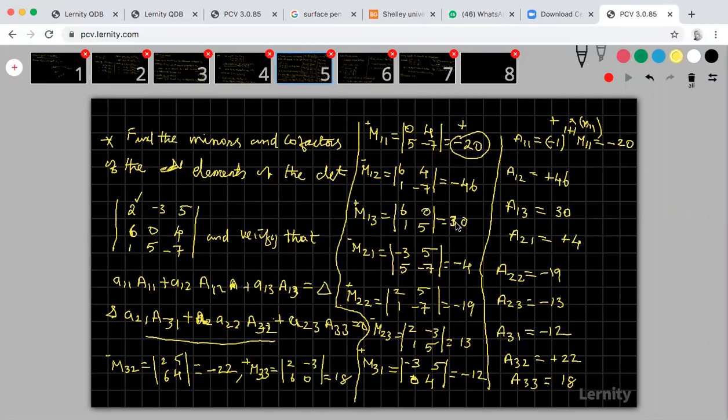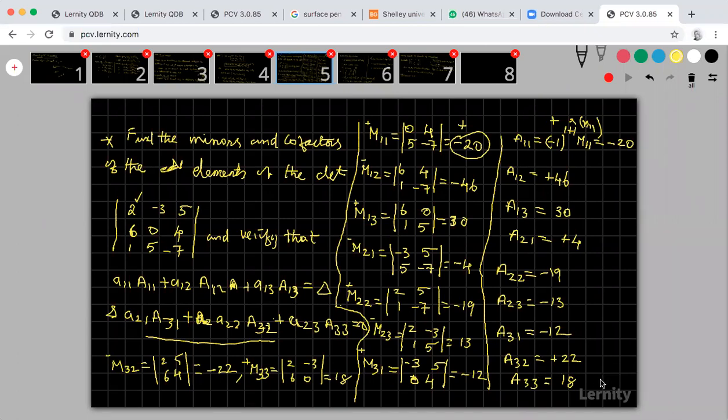This is multiplied by plus, I will get 30. This is multiplied by minus, I am getting plus 4. Minus 19 multiplied by plus is minus 19. This is multiplied by minus, this is minus 13. And this minus 12 multiplied by plus is minus 12 only. M32 multiplied by minus, I will get plus 22. And M33 multiplied by plus, I will get 18.